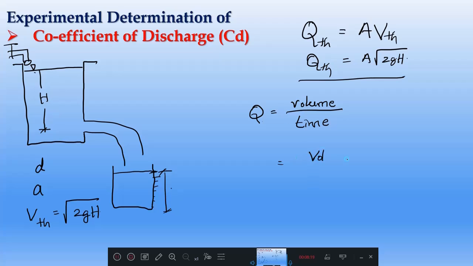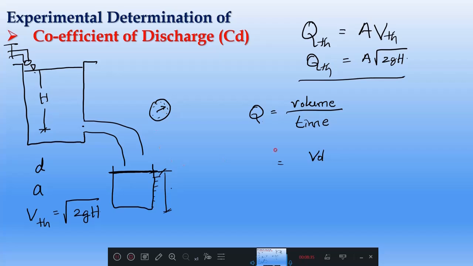Then I will use a stopwatch. When the water starts coming inside, I switch it on. When it reaches the mark which I marked on the container, I switch it off.